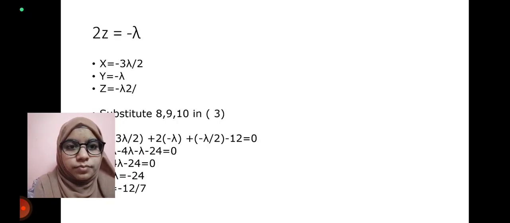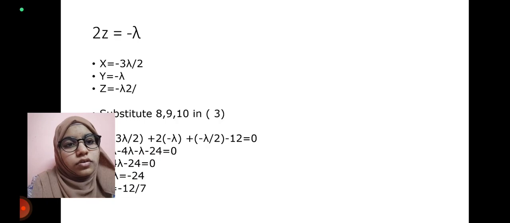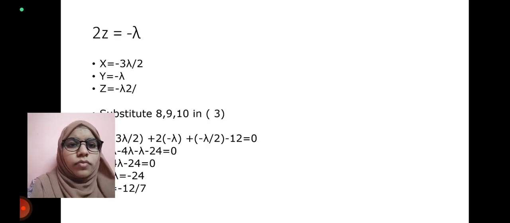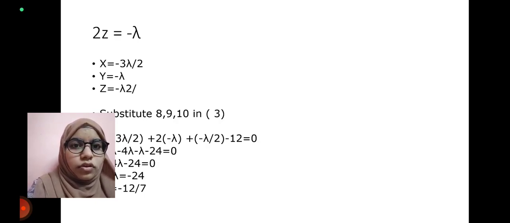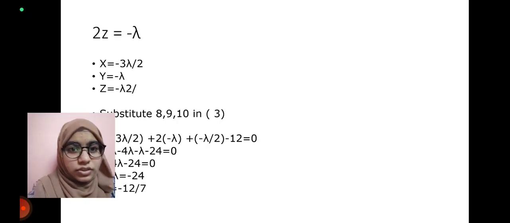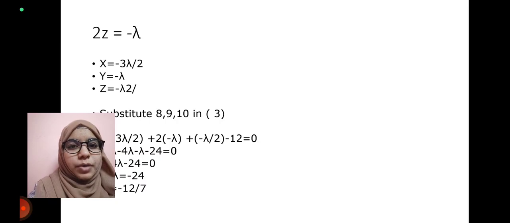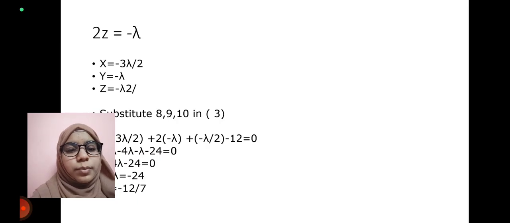If we take the LCM 2, we get minus 9 lambda minus 4 lambda minus lambda minus 24 equals 0, so minus 14 lambda minus 24 equals 0, and lambda equals minus 24 by 14, which gives minus 12 by 7.